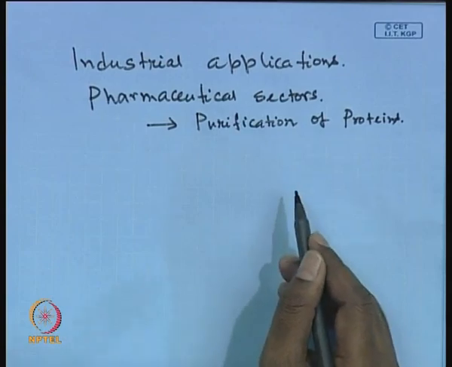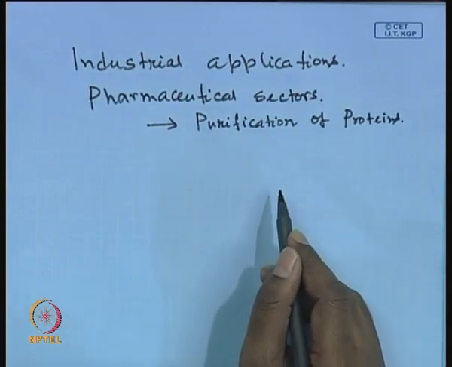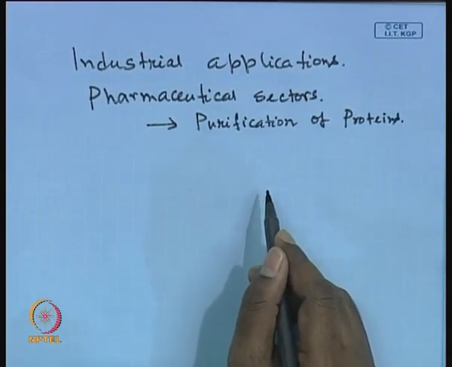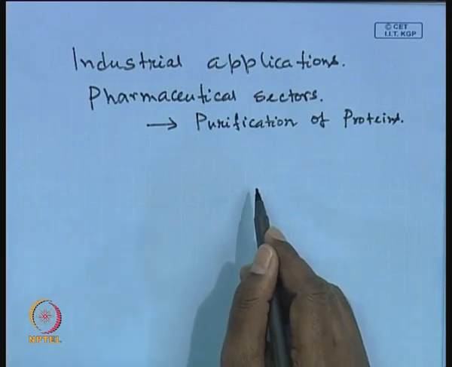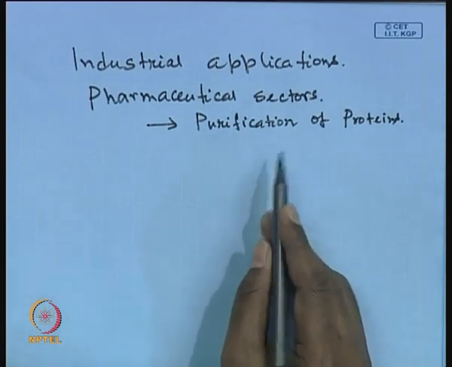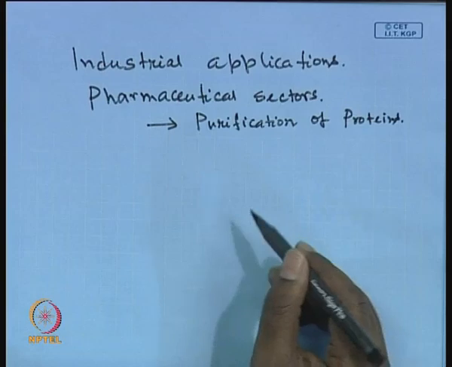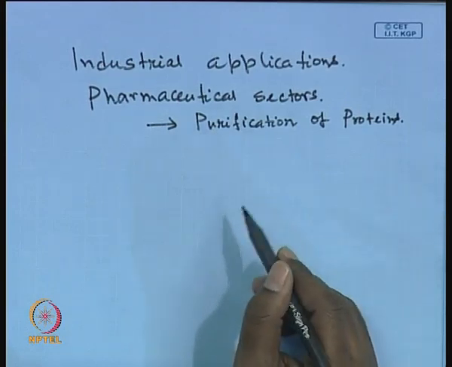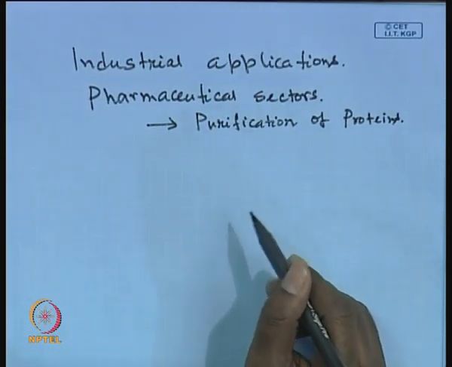Suppose you are targeting a particular protein in a stream, it will not be a pure protein; it will be mixed up with some other proteins or small molecular materials or solutes. They can be separated out by dialysis. There are several other industrial applications as well.